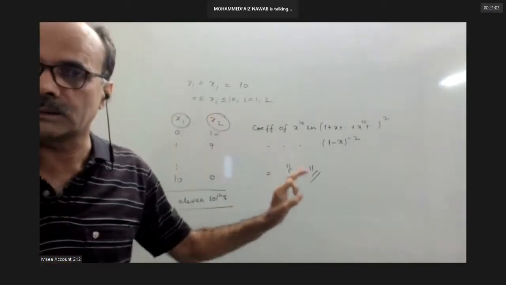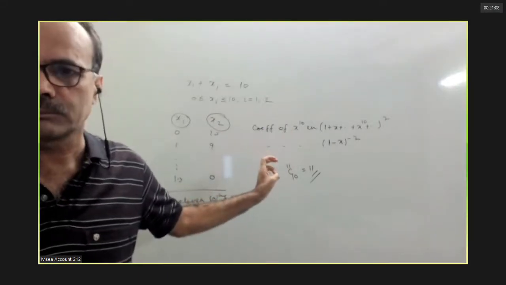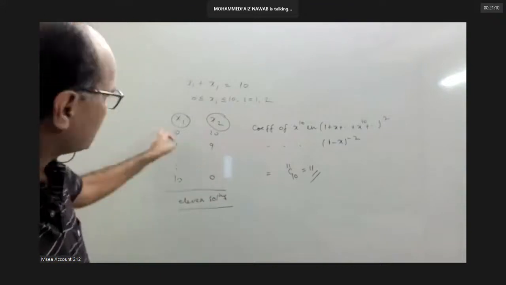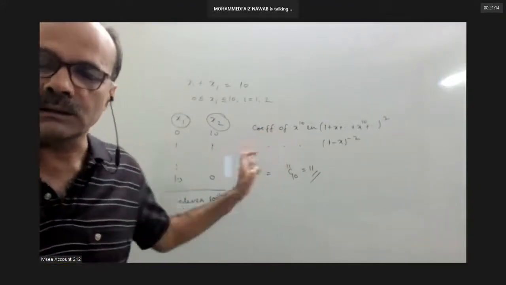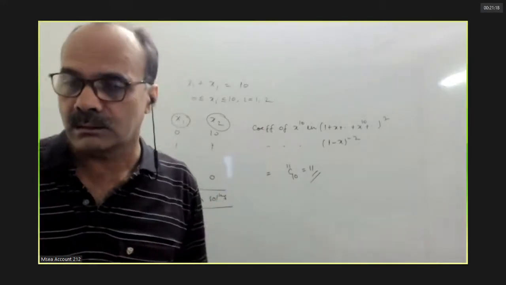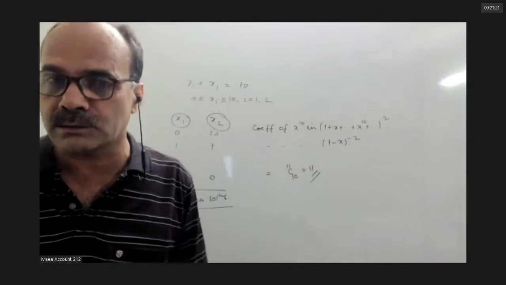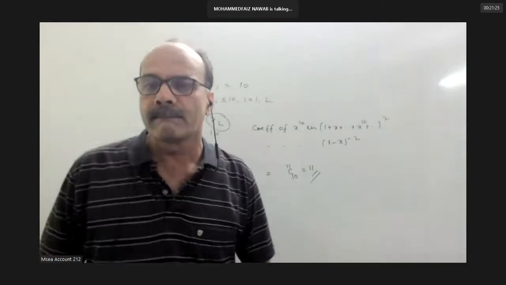The names of the variables are different. So similarly, 9, 1 and 1, 9 are different, because in the first case x1 is 1, x2 is 9, and in the second case x1 is 9, x2 is 1. Obviously it is a different solution. Understood, sir.